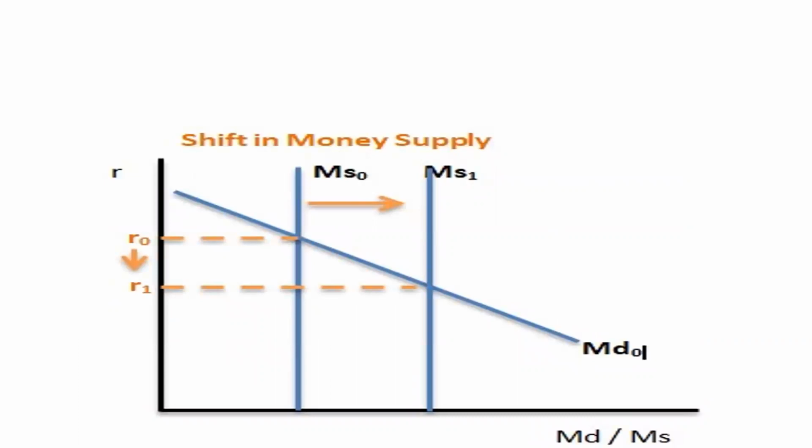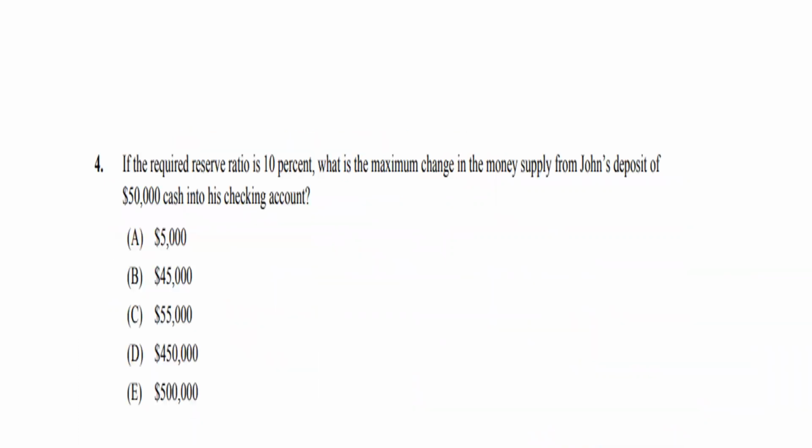Okay. All right. If the reserve ratio is 10%, what is the maximum change in the money supply? When I see maximum change in the money supply, I realize that I'm probably going to have to use the money multiplier. And now I have John's deposit. So it's a deposit and it's the maximum change, so this is what I do.